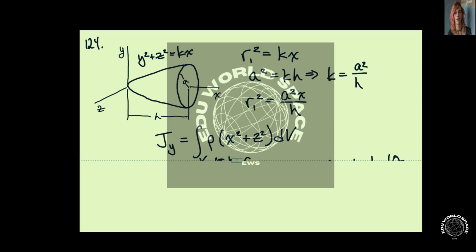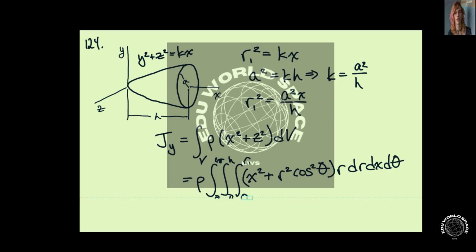Now we want the mass moment about the y-axis. So that is the integral over the volume of the density times x squared plus z squared. We can leave x squared alone, but for z squared, if this is theta here, we can say that z equals r cosine of theta, and substitute that in.